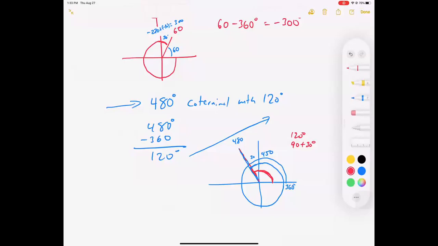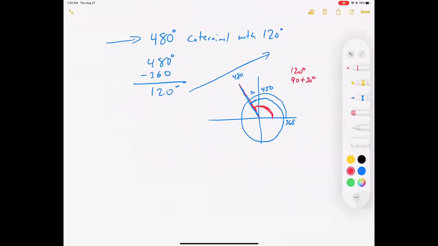Now, I want to try adding to this just a little bit. What if I wanted to go the wrong way? What if I started at 0 and I wanted to go backwards? What angle do you think it would be that would stop exactly at 480 as well as 120? Let's start counting. This will be negative 90. This will be negative 180.